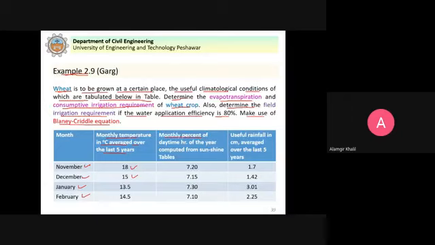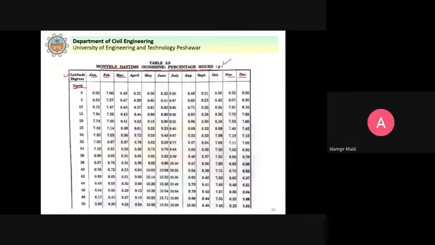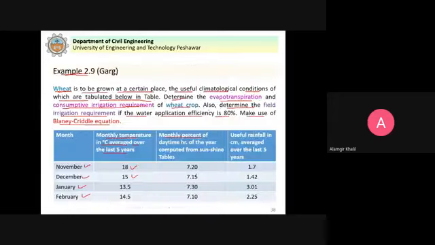If we do not have these P values given to us, then we can use this table for any location. For example, 10 degree north, then for the different months we can pick the value of P from this table. But here in this question, the P values are given.